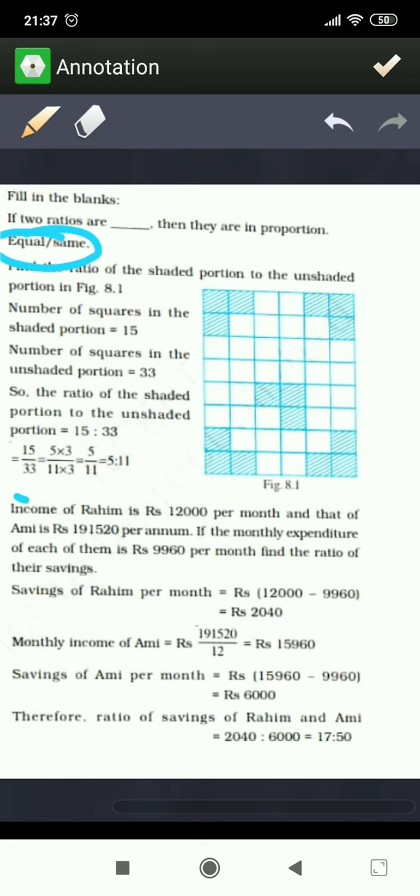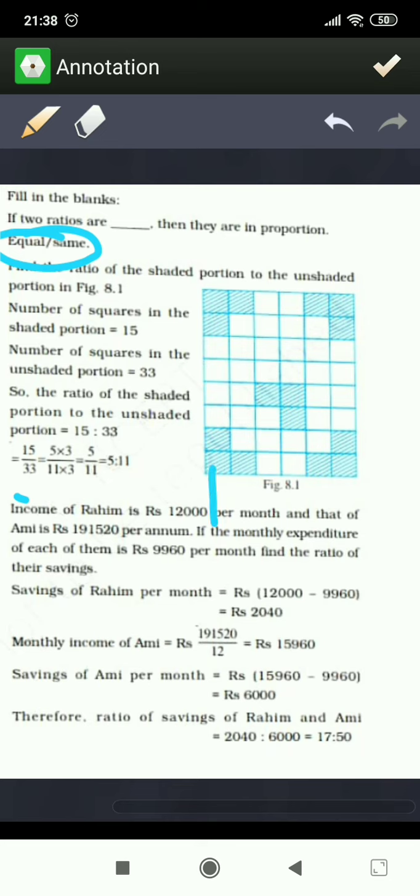Do you get it? Shaded portions are how many? 1, 2, 3, 4, 5, 6, 7, 8, 9, 10, 11, 12, 13, 14, 15. 15 boxes are shaded. And unshaded portions are what? Total how many squares are there? How many rows and how many columns? Count first of all. 48 are there.